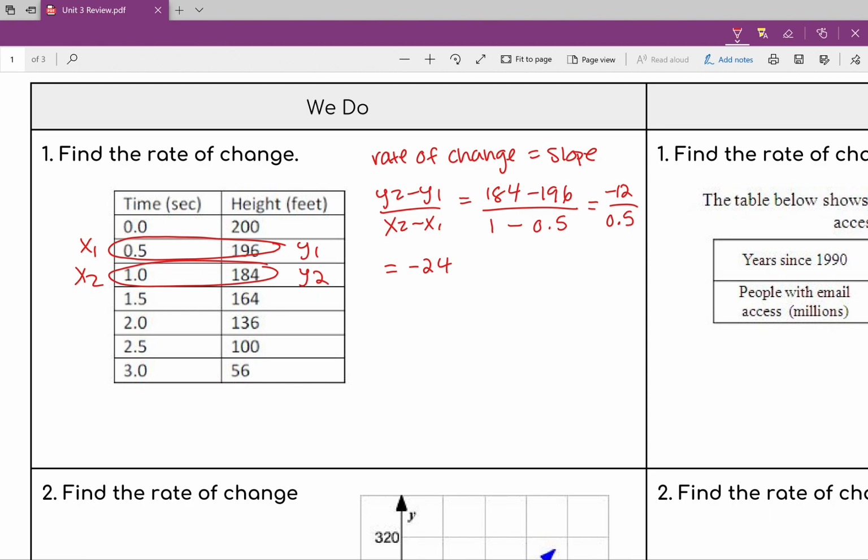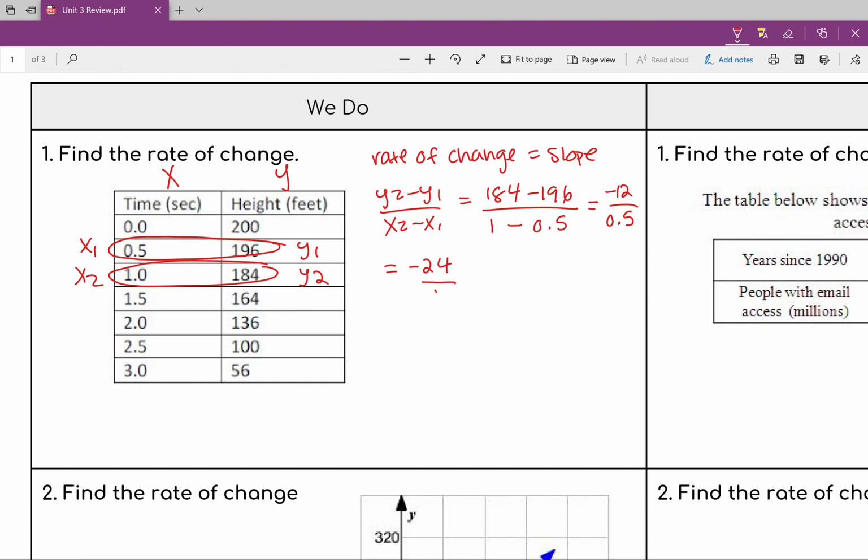Okay, now let's look at the units. So the units for x is going to be time. And the units for y is going to be height, which is in feet. So what this is saying, since it's negative, is that it is losing height in 24 seconds. So every 24 seconds, it is losing 1 foot.